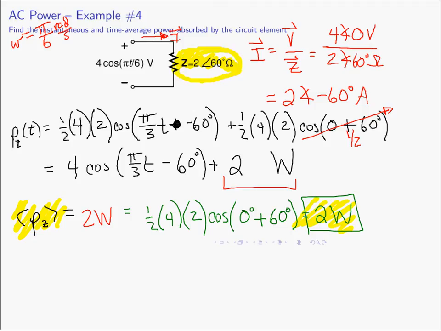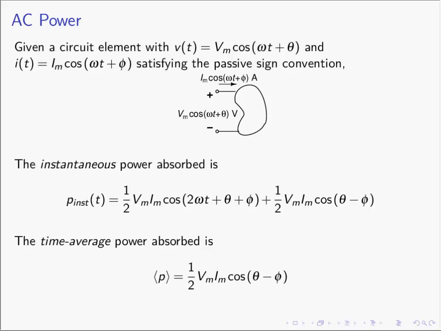Alright, so to summarize, given a circuit element with sinusoidal voltages, that is, we have a current which is Im cosine omega t plus phi, so we have a generic magnitude Im and an arbitrary phase angle phi, and since it's a linear circuit element, I expect a voltage of the form Vm cosine omega t plus theta to result, so we have a magnitude of Vm and a voltage phase angle of theta.